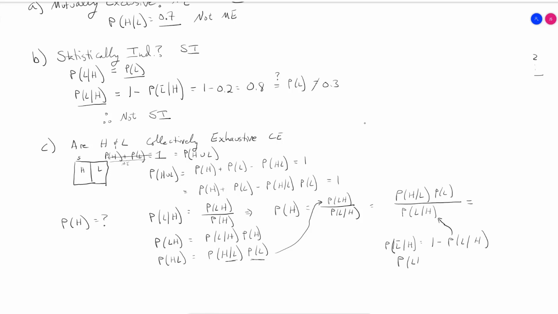So that's the probability of L given H is equal to 1 minus the probability of not L given H, which is just 1 minus 0.2. All right, plug in the other values. We have this one is 0.7 times 0.3 all over 0.8. And that gives us 0.26. So that is our probability of H. That was a bit of a journey, but we made it.